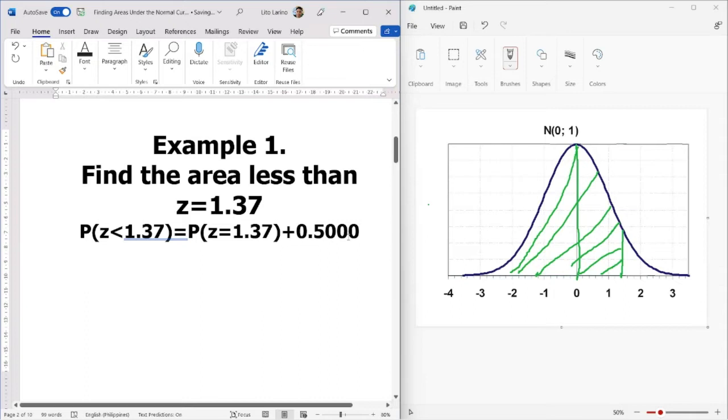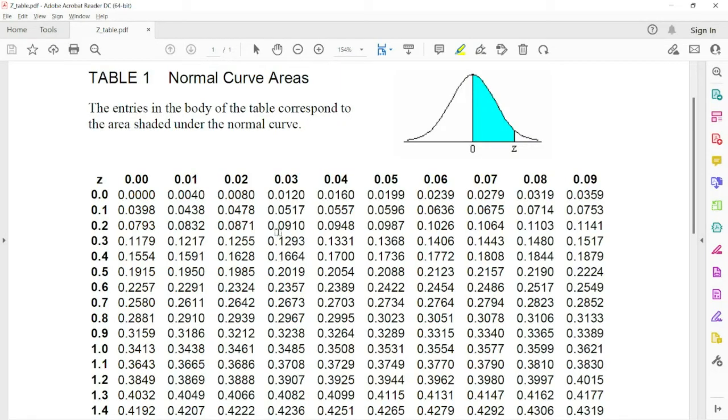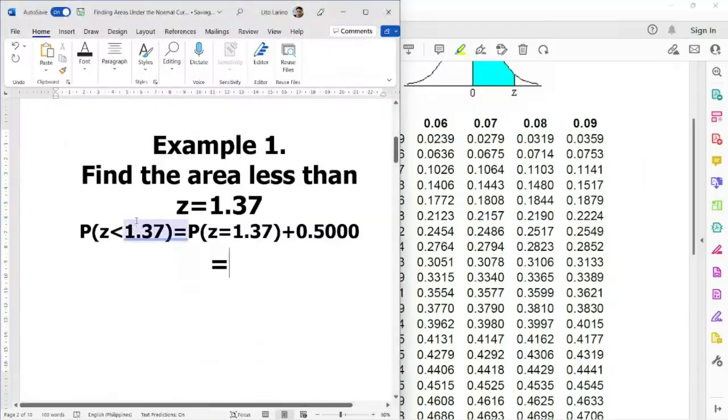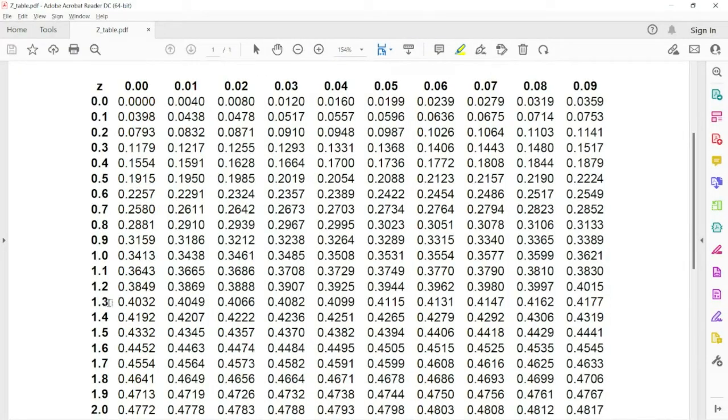Now, we simply determine the area of the normal curve when the z-score is equal to 1.37, and we will be using our standard normal curve areas table. Again, when the z-score is 1.37, the area is 0.4147.